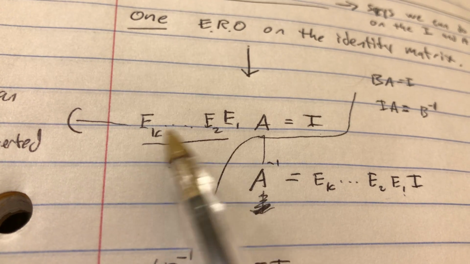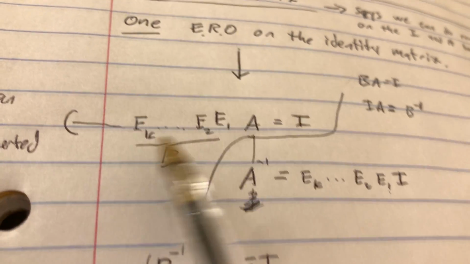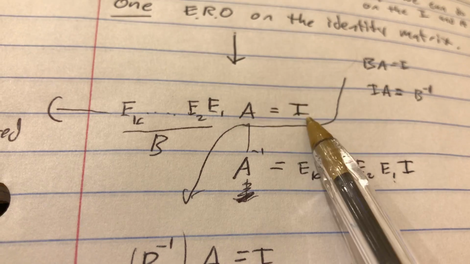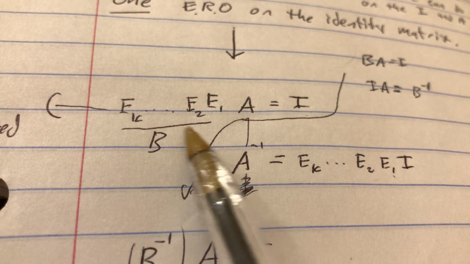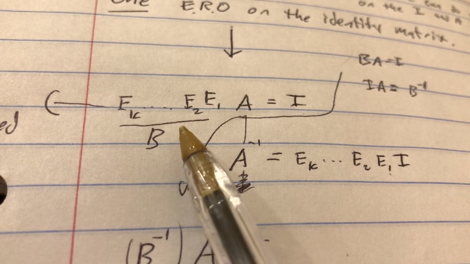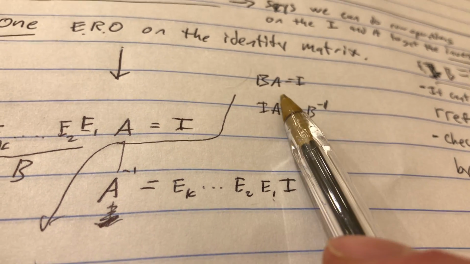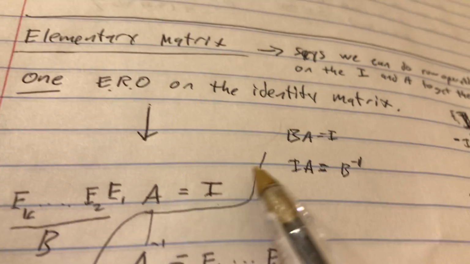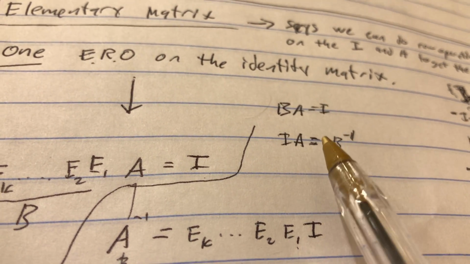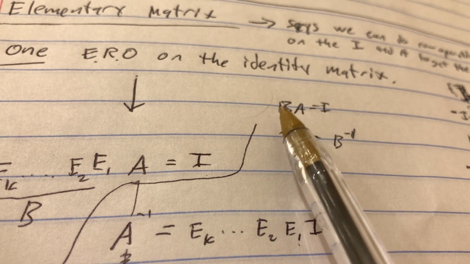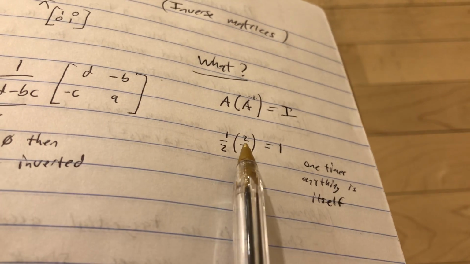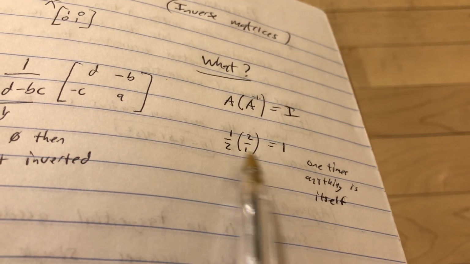These are elementary row operations, 1, 2, and so on till k, and A equals I. I'm going to make this equal matrix B. So technically I have matrix B times matrix A equal to I. If I wanted matrix A, all I have to do is multiply each side by the inverse of B, just like if I was solving for this. If I wanted that, I just have to multiply each side by its inverse.